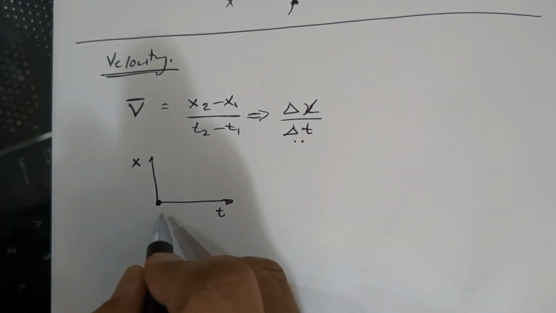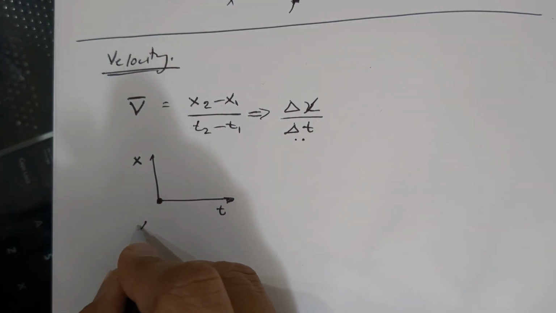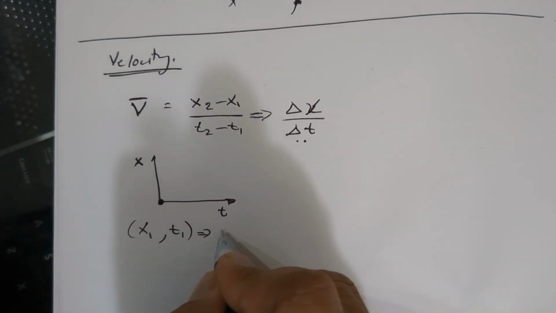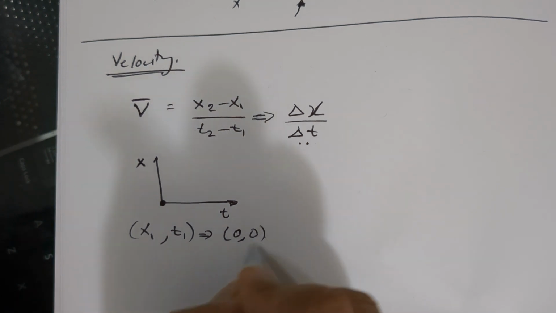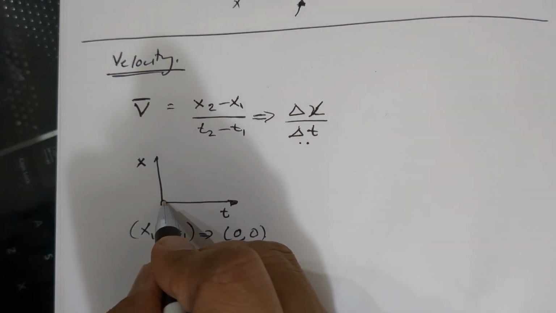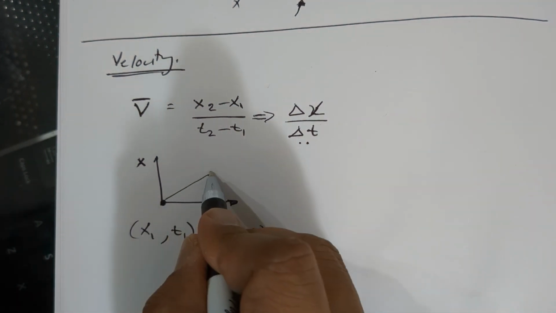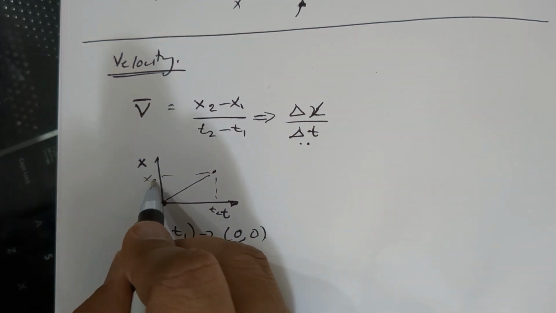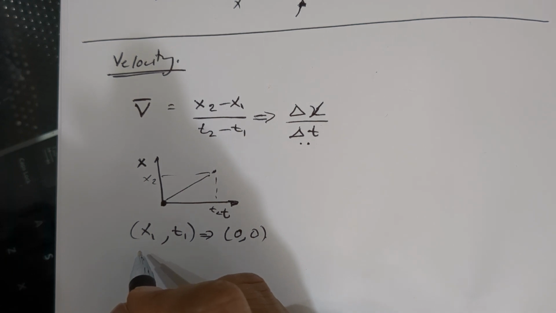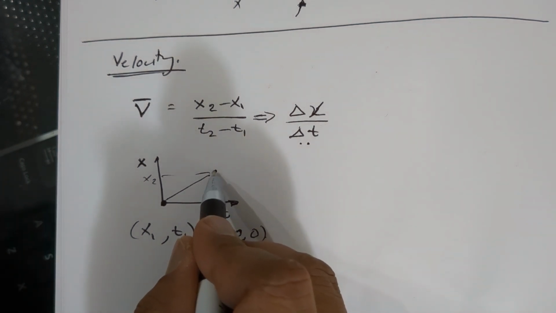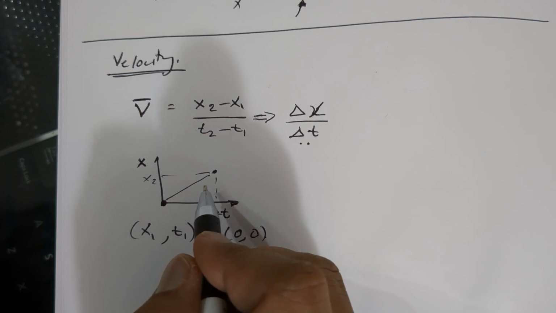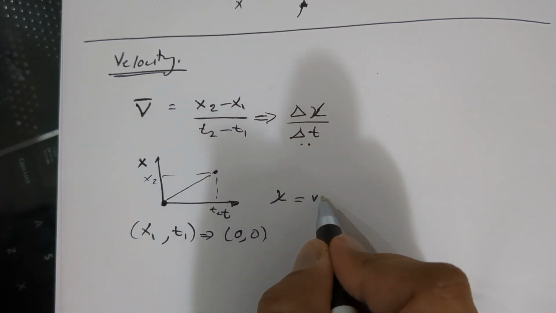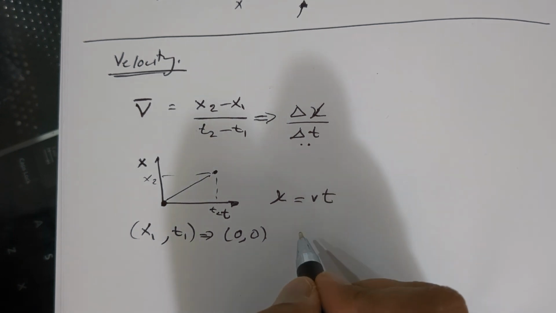All right. So your initial x1 and t1, let's call them both the origin, 0, 0, right? So if you have that, and now anywhere you go, you come here, you get t2 and x2. Anytime you reach this position, then that basically becomes x equal velocity times time, right?